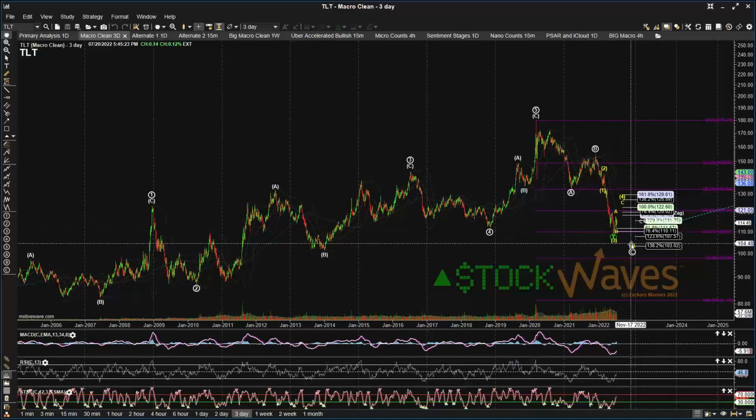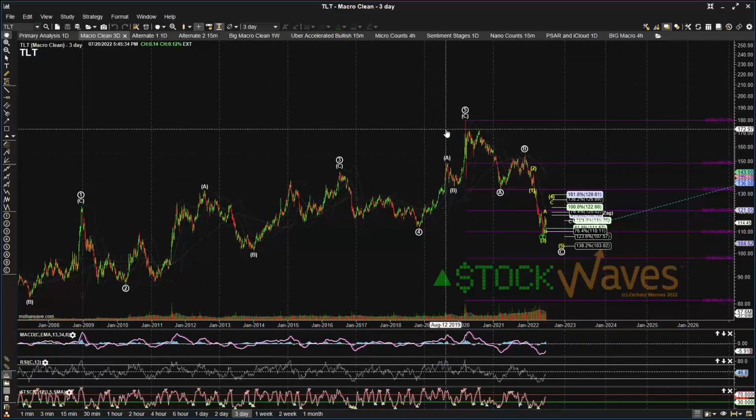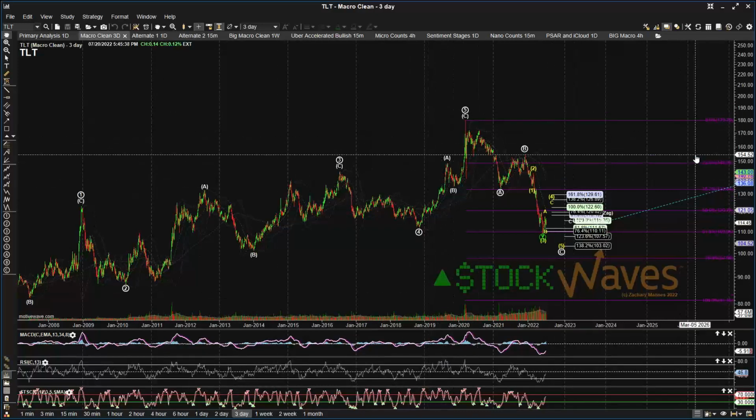If this is just a fourth of C, then that drop might stretch all the way down to the 764 at 97, 98 region. But so far, just looking at TLT in isolation, we do have what looks like a very, very bullish setup long term.